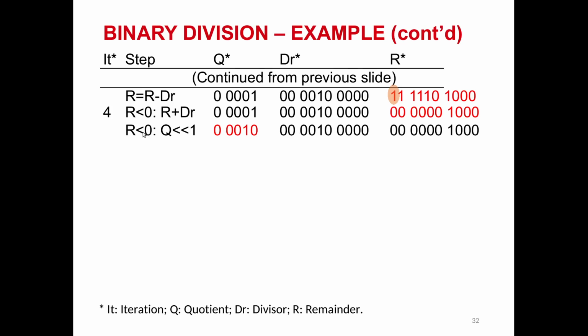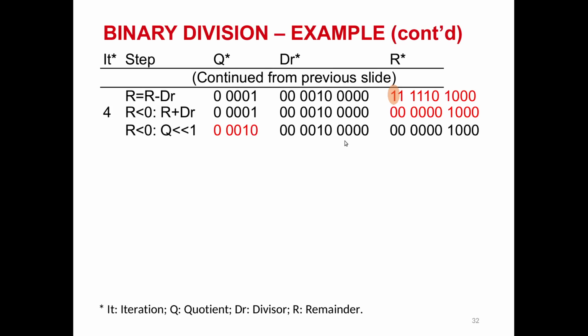And Q, as we can see that R here is smaller than 0, so Q will be shifted left 1 bit with 0 pushed in at the right, so it changed to 0 0 0 1 0.